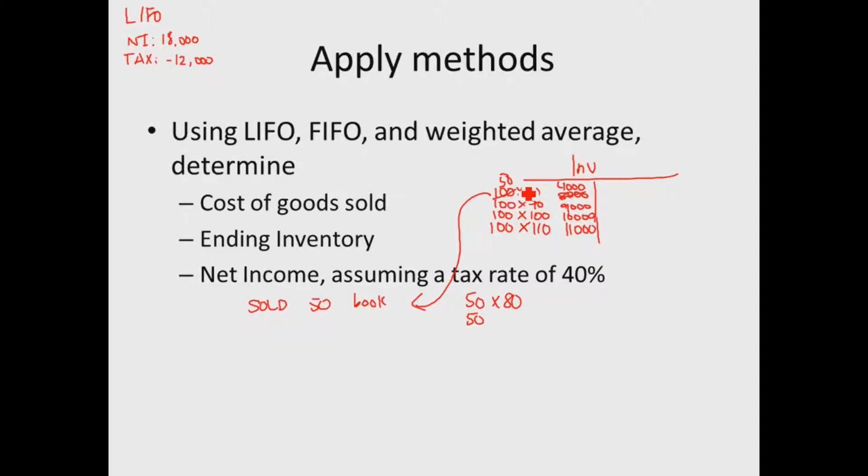My next 50 books, where are they coming from? Well, no, I still have 50 left, right? I started with 100 of the $80 books. I sold 50, so I have 50 left. And now I sell another 50 books. Which ones do those come from? First ones in, so the $80 books. Now I don't have any left of the $80 books.